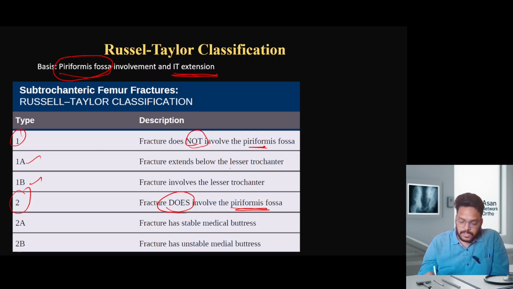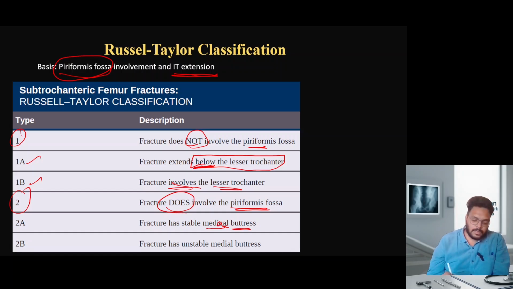If the fracture extends below the lesser trochanter, it is type 1A. If it involves the lesser trochanter, it is 1B. In type 2, if the fracture has a stable medial buttress, then it is 2A. Type 2B is an unstable medial buttress.